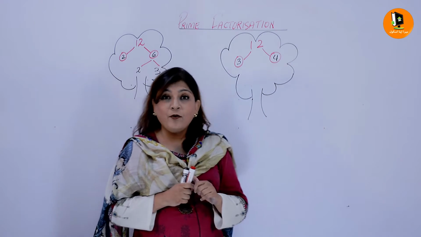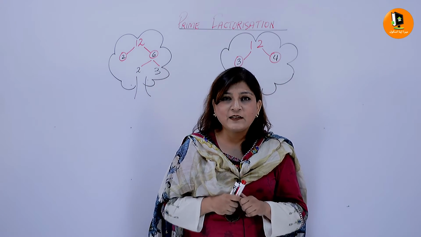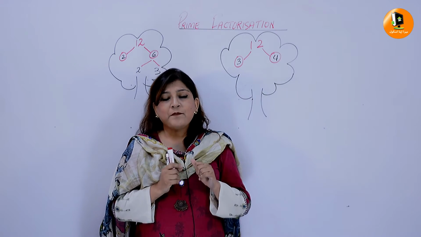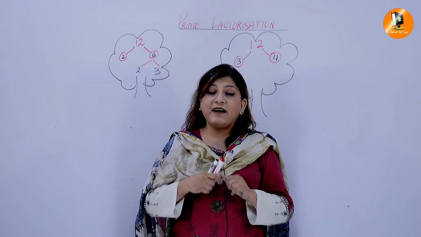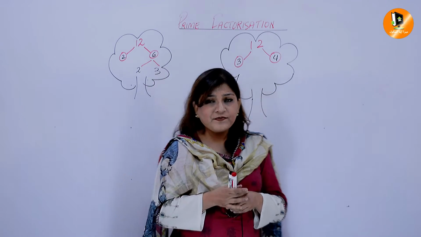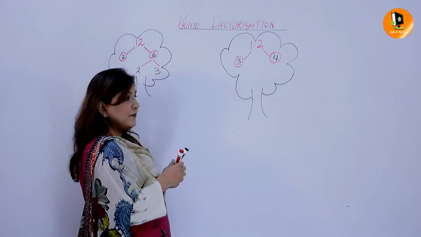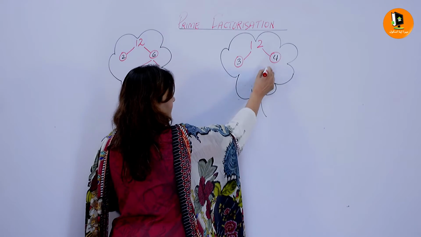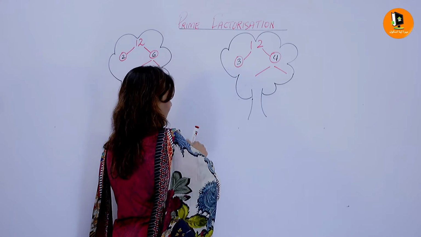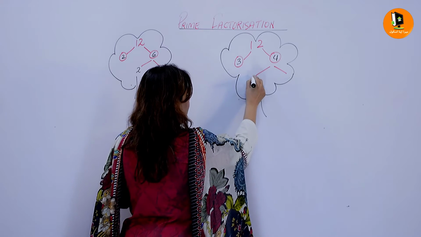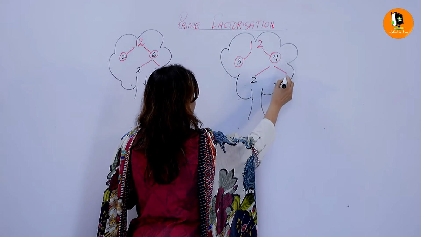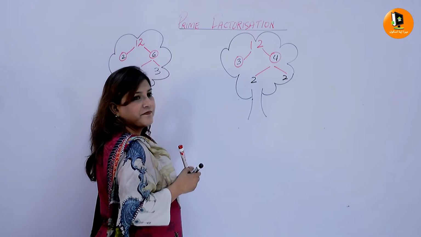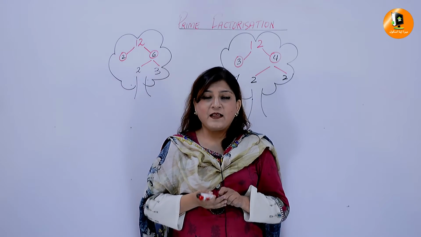But what about 4? 4 itself is a composite number, which means we can find the factors of 4. Let's find out the factors of 4. The factors of 4 are 2 and 2. 2 twos are 4.